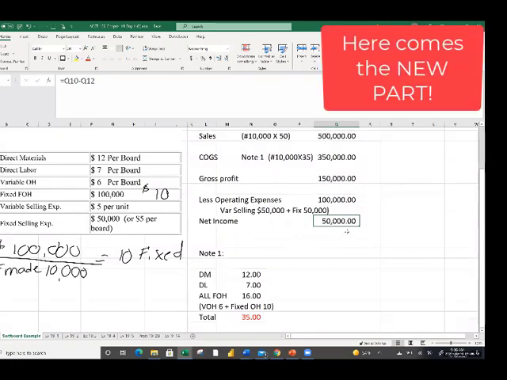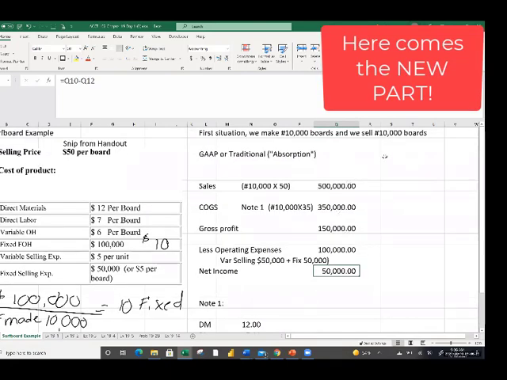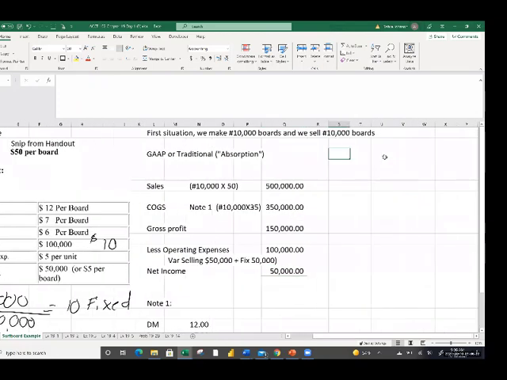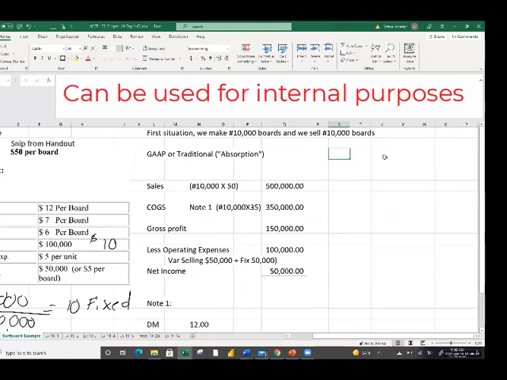Okay, here comes the new part. The new part is this new costing technique that, although not acceptable for GAAP purposes, does help us make some short-run decisions on things like special pricing, on things about overproducing. Should we make enough of this to maybe last us for the next year or not?